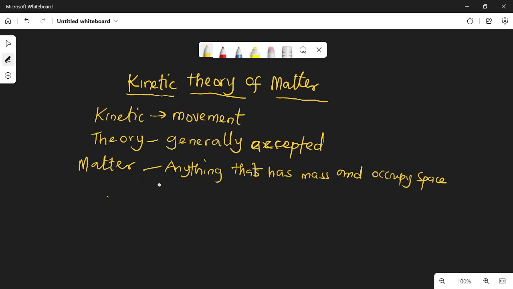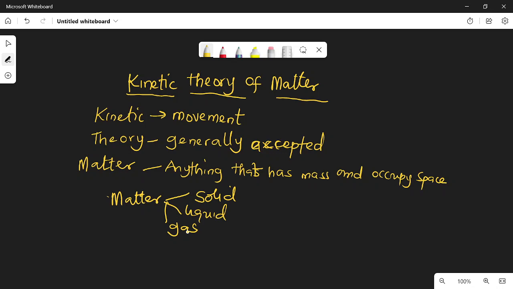Now, very important, we know that our matter is divided into 3, as we know. We say it is divided into solid, liquid, and gas. I hope this is very clear.